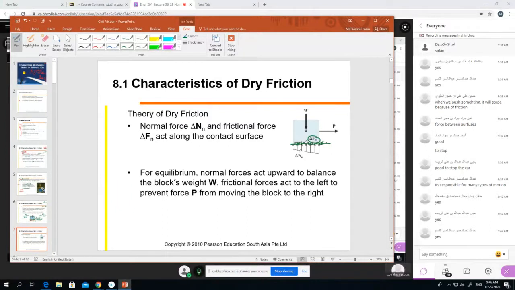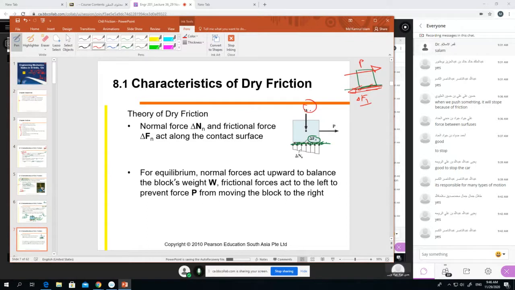This friction force works between the surfaces. If you pull that side, the friction force will start to work.